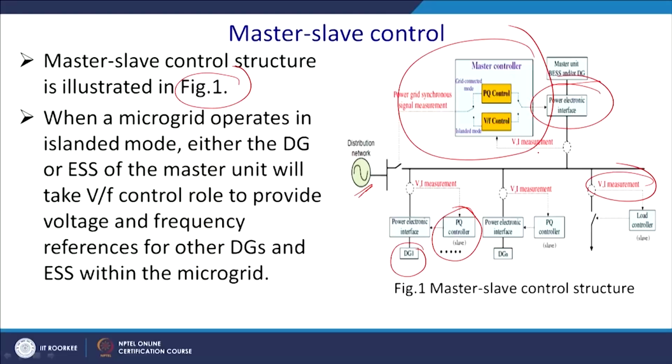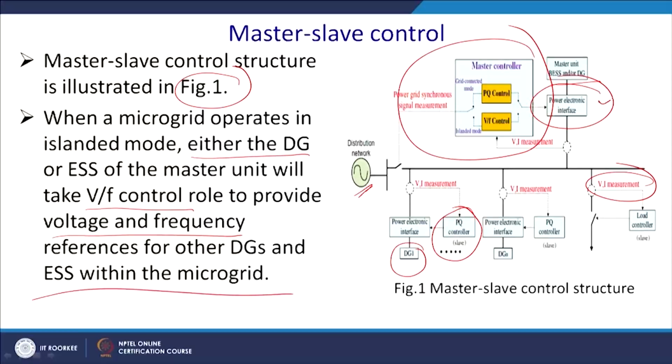So, what we can say is, when a microgrid operates in islanding mode, either the DG or ESS of the master unit will take V by F control, because flux remains constant in that case, and its role is to provide the voltage and the frequency reference for other DGs and other ESS within the microgrid.